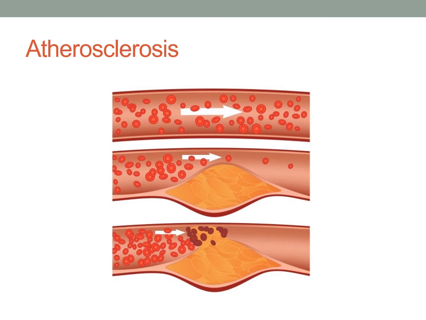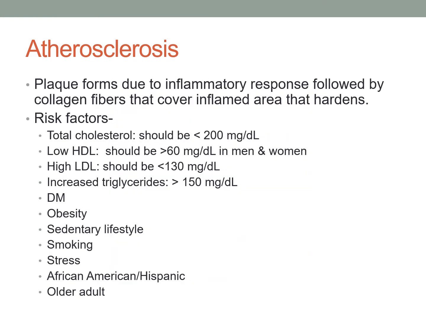Okay, so just keep that in mind, and then it helps you to be able to take care of patients who have a decrease in blood flow and then who have occluded, no blood flow, and you can know what happens. All right, so we just said atherosclerosis is a plaque formed due to the inflammatory response that's followed by collagen fibers that cover the inflamed area and it hardens.